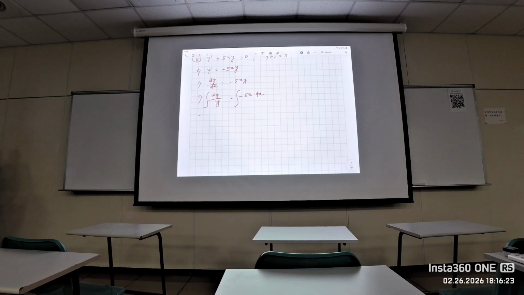Apply the integration. I will get ln y is equal to minus, how much? 5 by 2 x square plus constant.